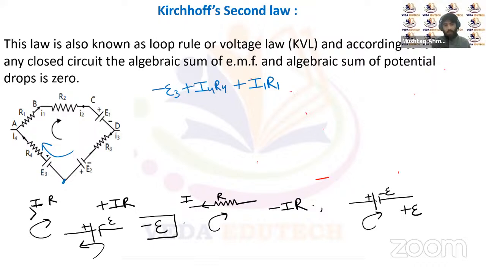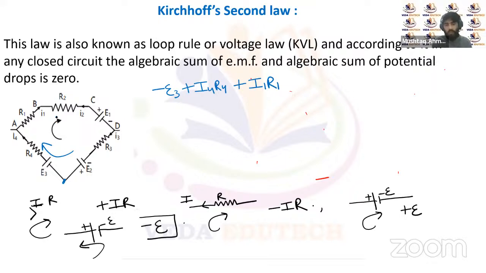Now there are two things. It depends upon which current is larger and which is smaller. Suppose I1 is greater than I2. There are two currents flowing through this R2 resistor. One current is I1, flowing along the direction in which I'm moving, and another current is I2, flowing against the direction in which I'm moving.